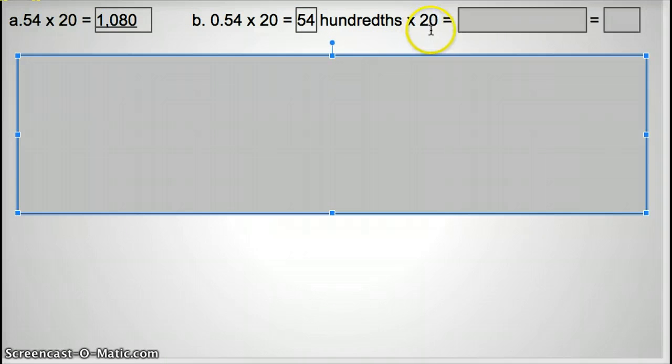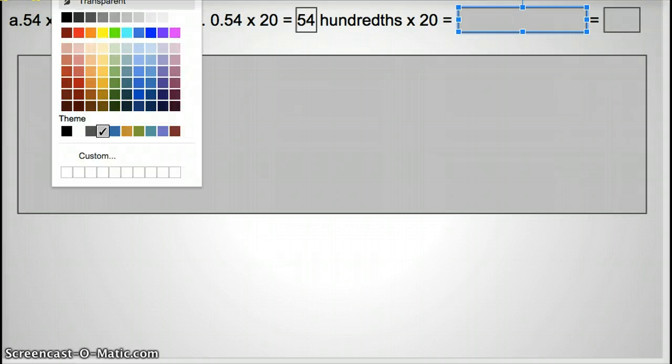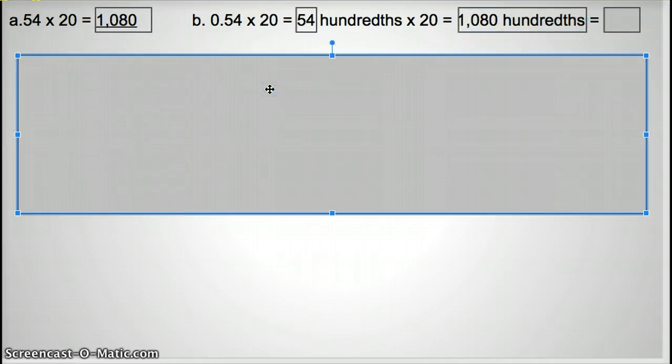So 54 hundredths times 20 is going to be the same number over here, only it's going to be 1080 hundredths. What does 1080 hundredths look like in standard form? It is going to be 10.80 or just 10.8 because we leave the 0 off.